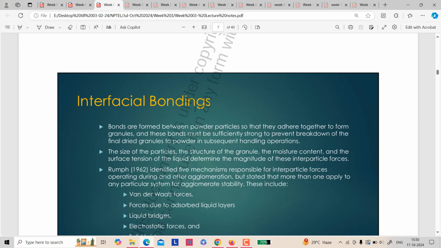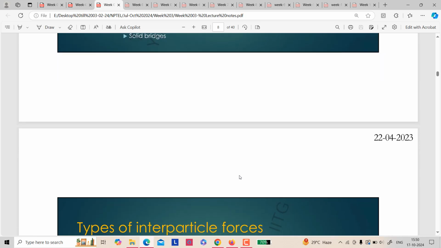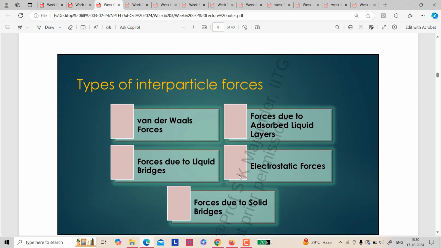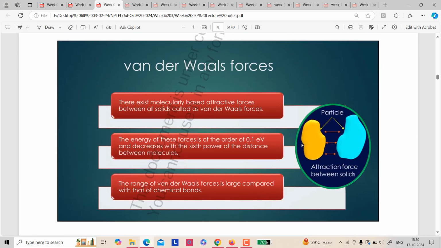Now the type of bond they form with one another is called the interfacial bond: Van der Waals forces, forces due to absorbed liquid layers, liquid bridges, electrostatic forces, and solid bridges. These are some of the forces that bond them with each other. So what is Van der Waals force? It is a very weak attraction force between solids.